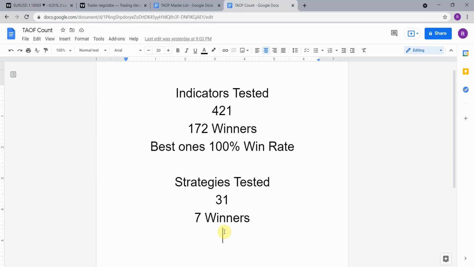We have also tested a total of 421 indicators, with a total of 172 winners. The best ones so far were able to achieve a 100% win rate. Now you need to go back and watch those videos to understand the context of how they were able to achieve that. So go back and watch those videos and see what you can get out of those indicators.